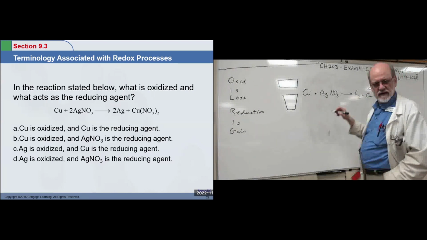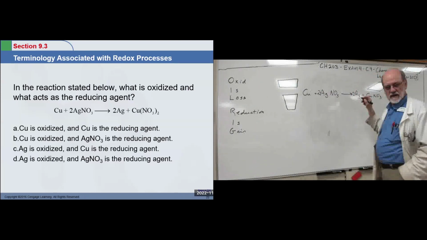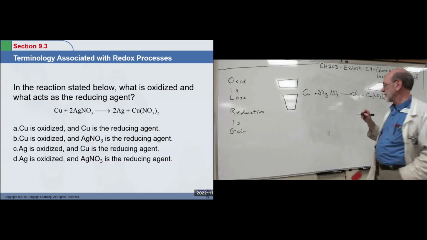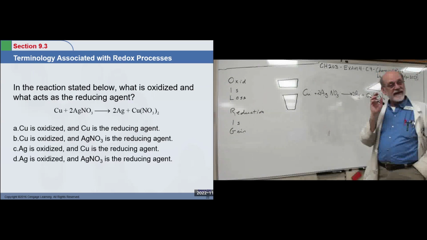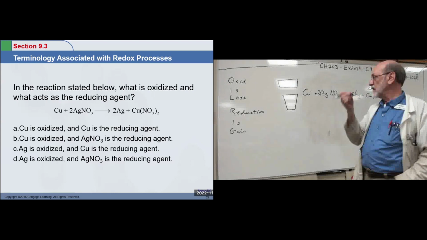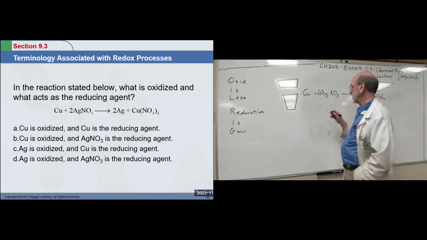And let's see, we've got 2 of these, 2 of these, and this one is 2 here. So we want to find out which one was oxidized. That is, which one, OIL, lost electrons.